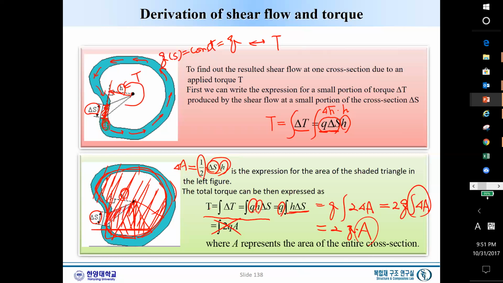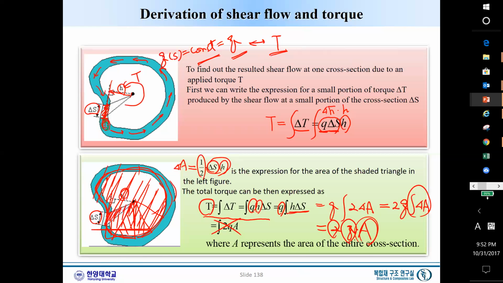Anyhow, the torque T we apply is simply twice of Q. Q is uniform, but unknown. But we do know this is uniform, N times A. So we knew Q was constant, but unknown and was caused by the torque T.